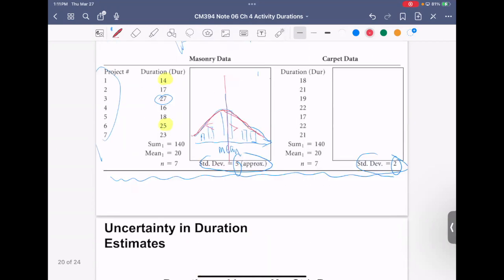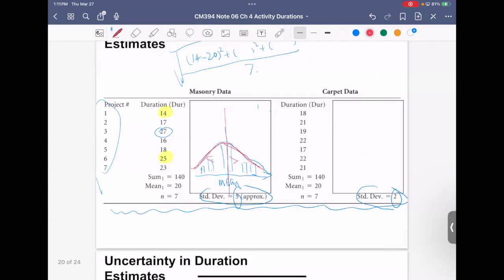So come to here, we have our mean here is 20, and what percentage of your durations is more than 20? That is half, half of one is 50% is more than this mean, right? And then you have another half chance that any of those durations is less than this mean, right? So putting the two together is one, right?